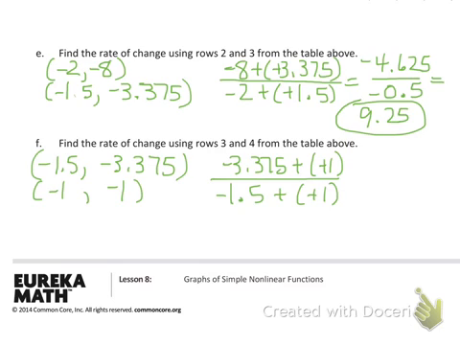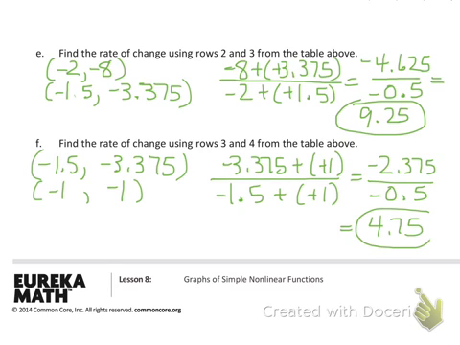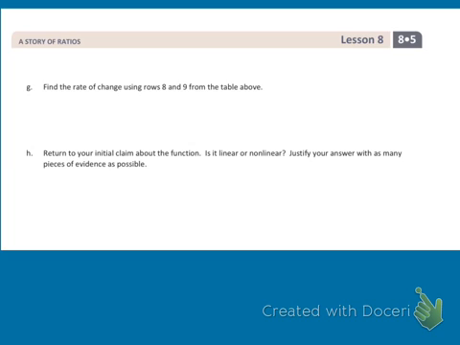So this is negative 2.375 divided by negative 0.5 again. Negative 5/10. So this slope here is smaller, 4.75. So there's two different slope values already, which is a major clue that it is not a linear function.